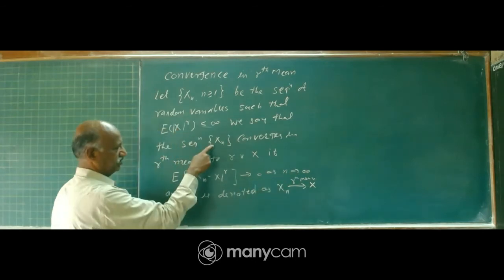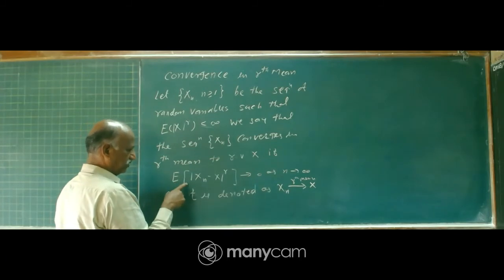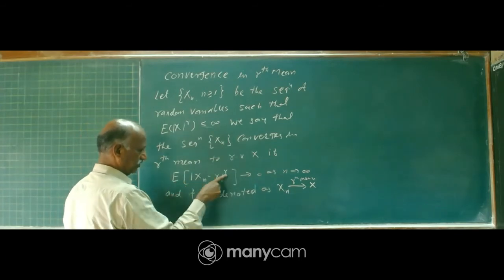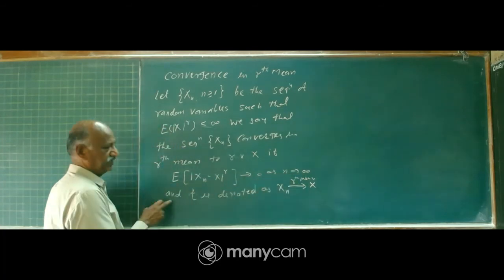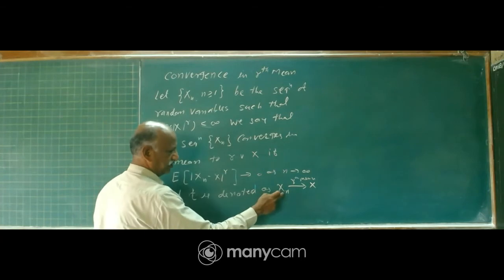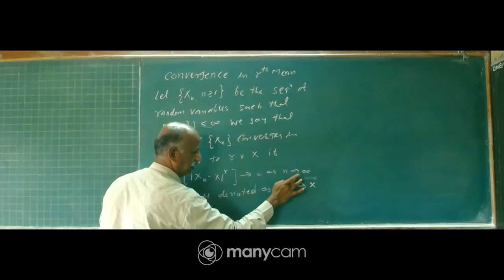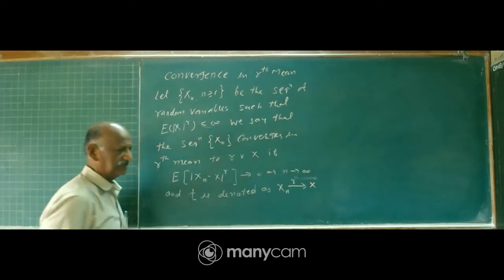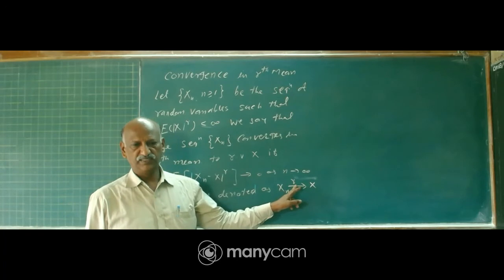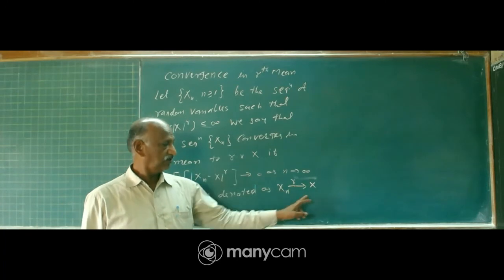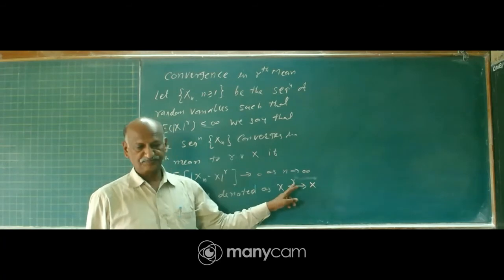That is, Xn converges to X in rth mean if the expected value of modulus of Xn minus X raised to r tends to 0 as n tends to infinity. It is denoted by Xn converges to X in rth mean.